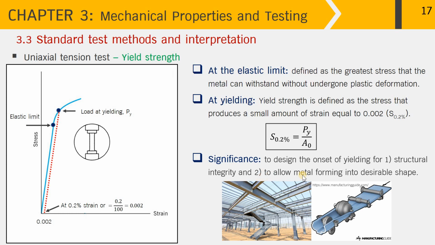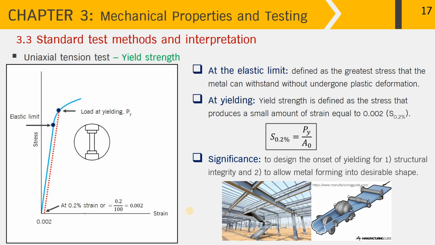And another aspect is in the area of metal forming. When you want to deform the metal into desirable shapes, it means that you have to put the load beyond yielding so that the metal can be deformed into any kind of shape that you want. Because when we apply a load below the yield point, we can't do the metal working operation.